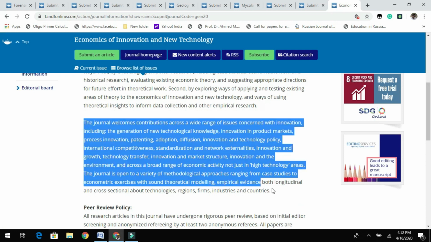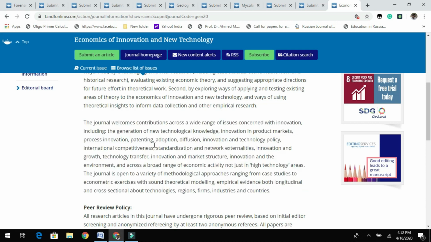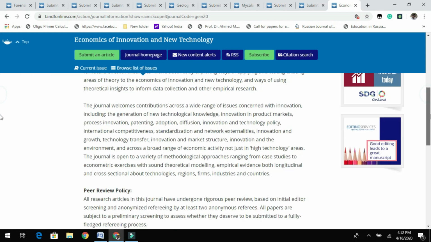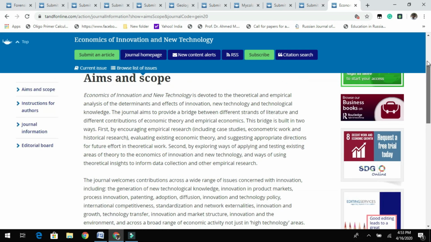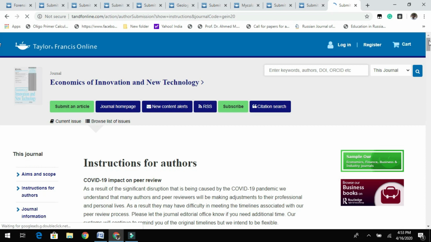themes like innovation and market structure, innovation and environment, and across a broad range of economic activity, patenting, adaptation, diffusion, etc. So here let us see whether this journal has any article processing fee.